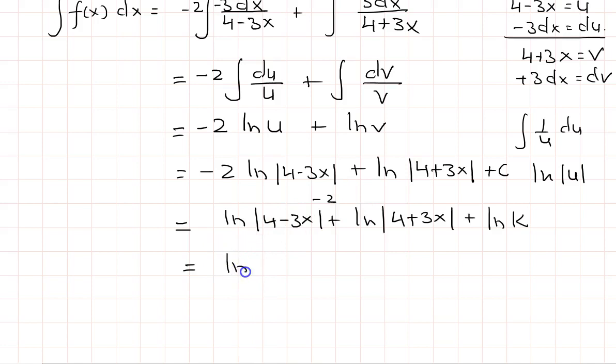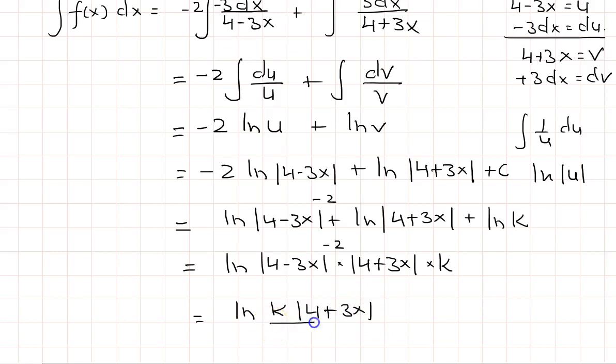So this is ln of 4 minus 3x to the power minus 2 multiplied by 4 plus 3x multiplied by k. So this is equal to ln of k times 4 plus 3x over (4 minus 3x) power 2.